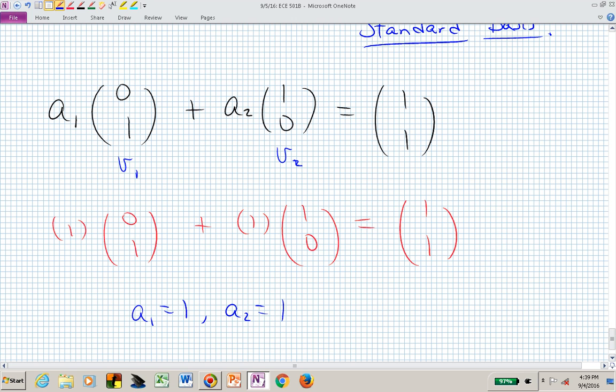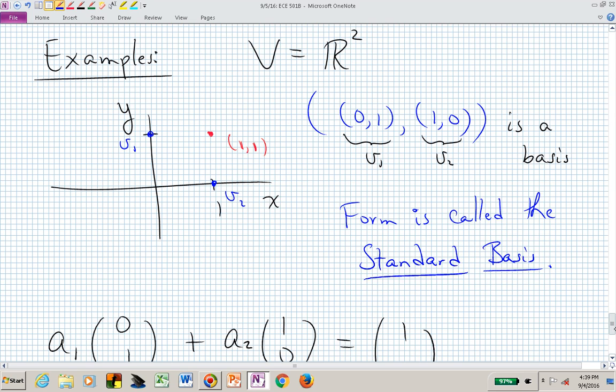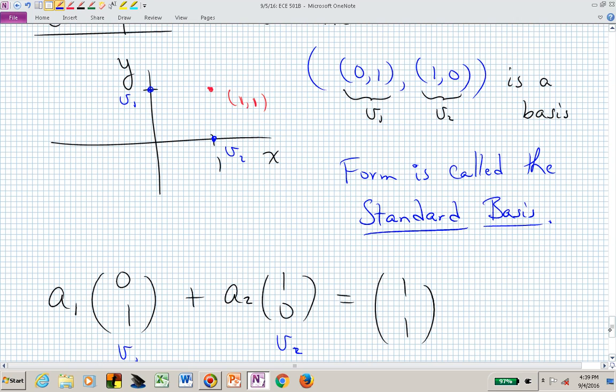If we start at the origin and go to V1, scaling by 1, and then connect V2 and scale it by 1, we've traced out a way to arrive at the point 1, 1 in our two-dimensional space by a linear combination of V1 and V2.